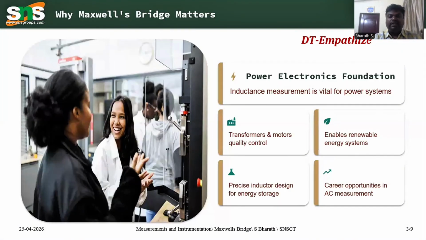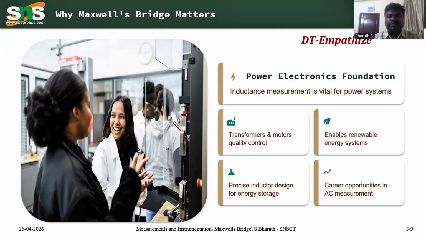We'll just discuss why we need to go for Maxwell's bridge. Maxwell's bridge is very important to understand the concept of AC bridges.